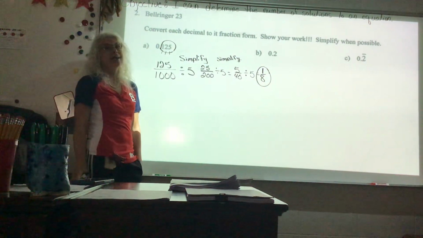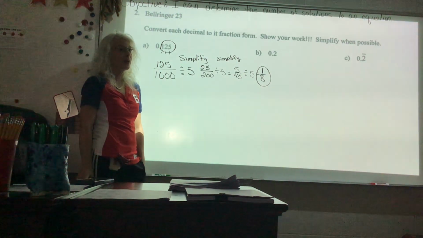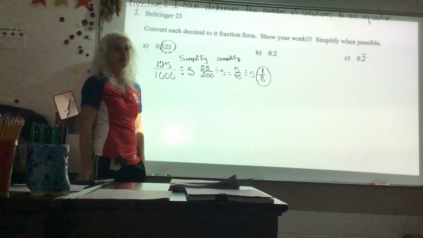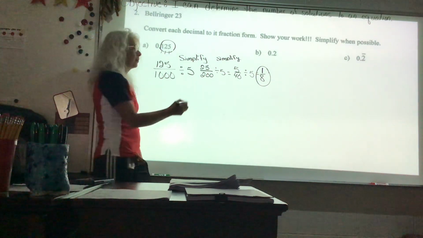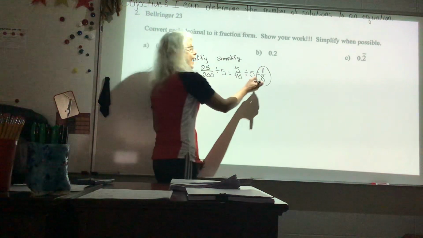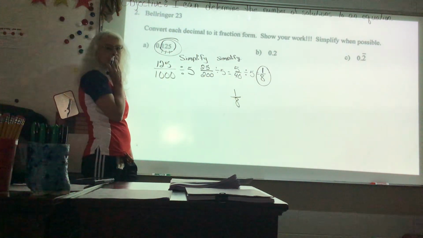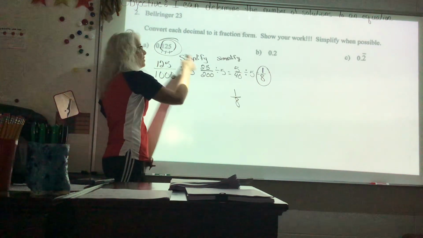Now, how can I check to see if that is the correct fraction? Maybe I made a mistake somewhere. What can I do, Brendan? I want to make sure my answer of 1/8 is the same. I want to know how I can figure out if this and this are the same.